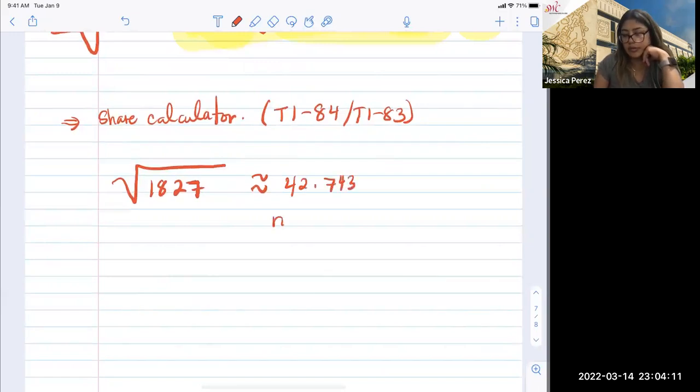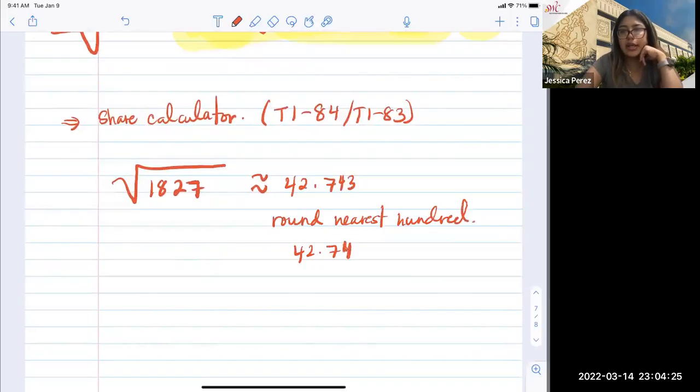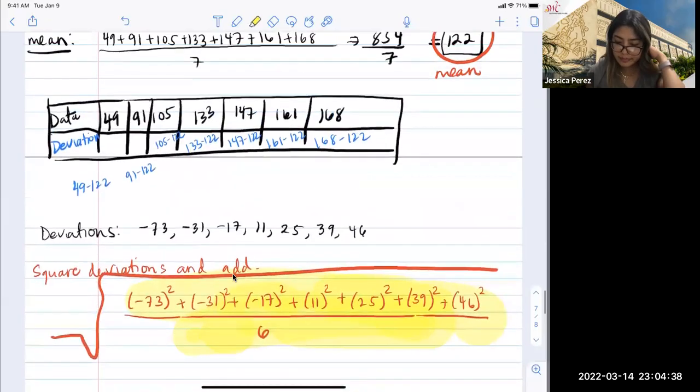We're going to round to the nearest hundredth. So this is 42.74. So then that should be your standard deviation. Notice that is what you have to do for this particular question. That is it.